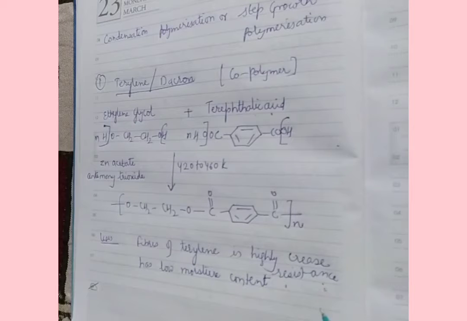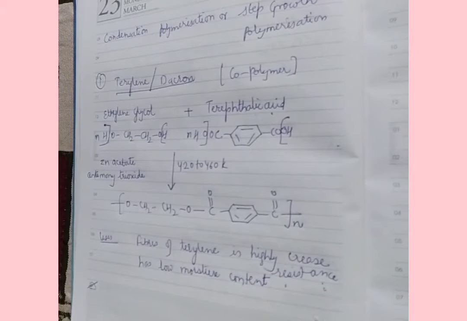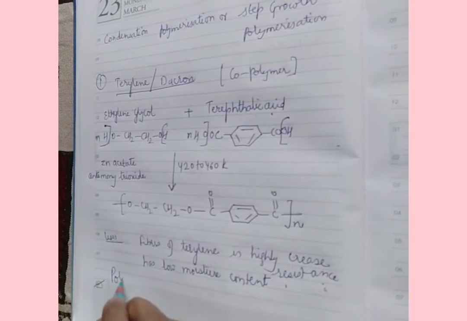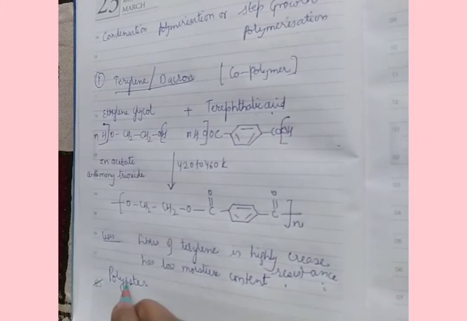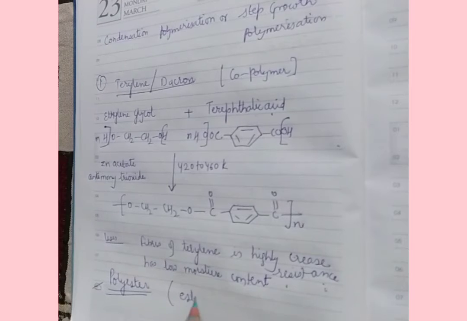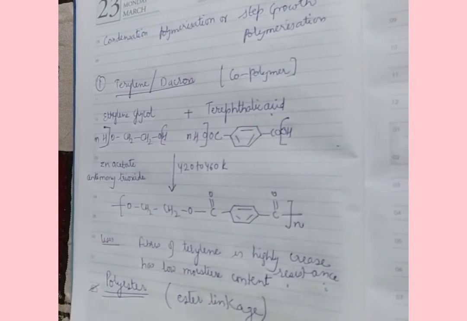This terylene and Dacron come under the category of polyester. You must have read the name polyester. It comes under the category of polyesters, which have ester linkage.